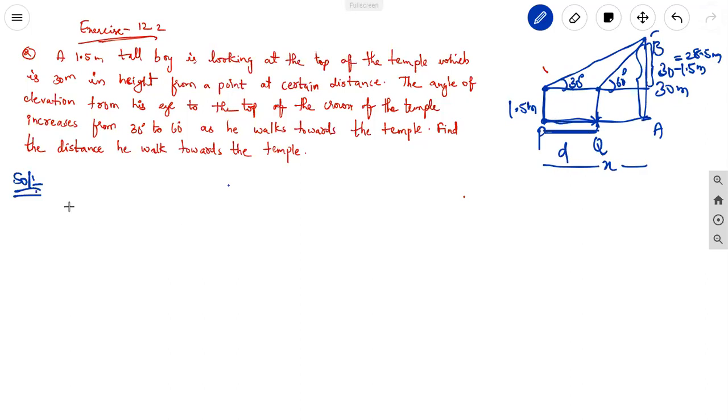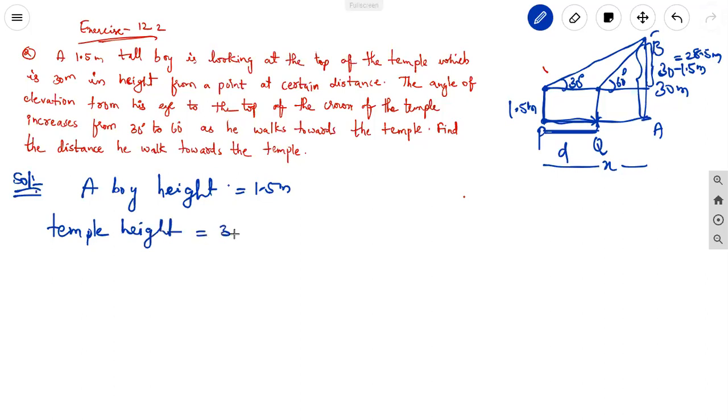First, we declare what is given. The boy's height is equal to 1.5 meters. The temple height is equal to 30 meters.